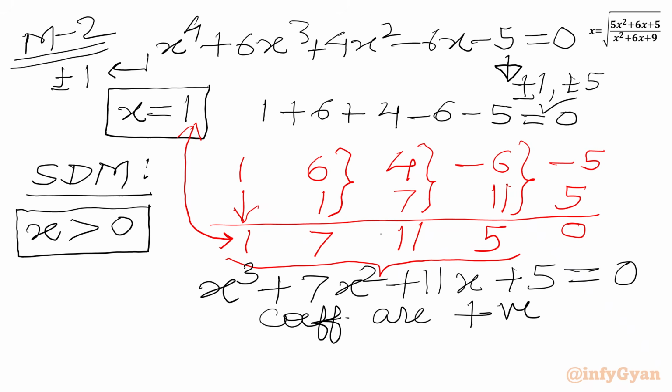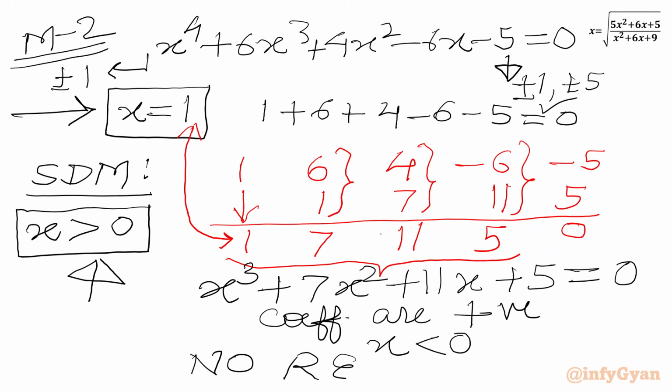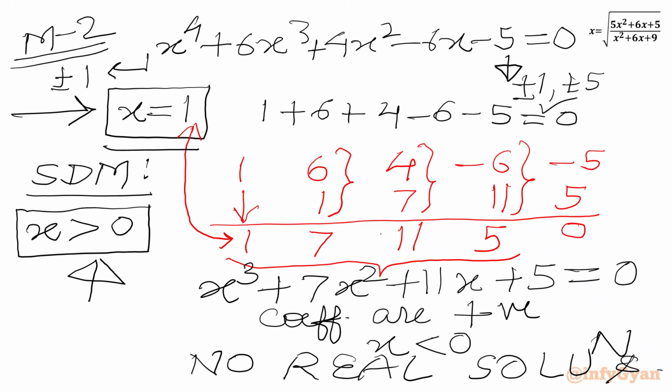So the real x which will satisfy this cubic equation would be negative. But as per our condition, x should be positive. So except x equal to 1, we are not going to get any real solution. So from method number 2, we have x equal to 1.